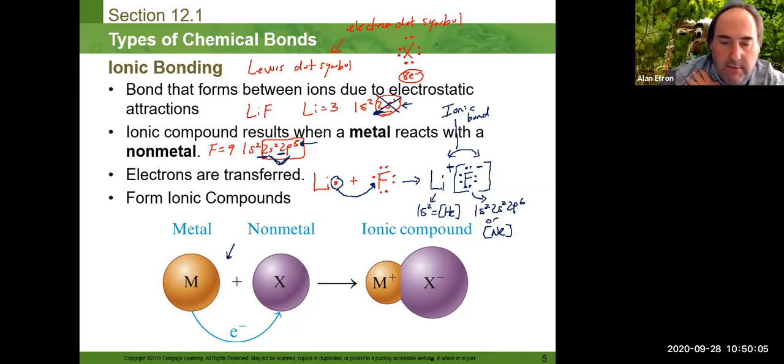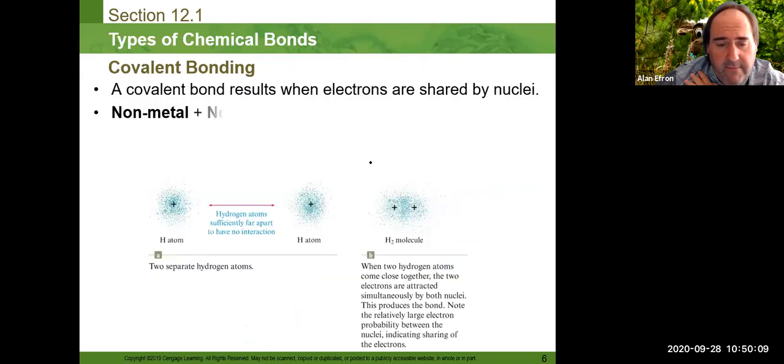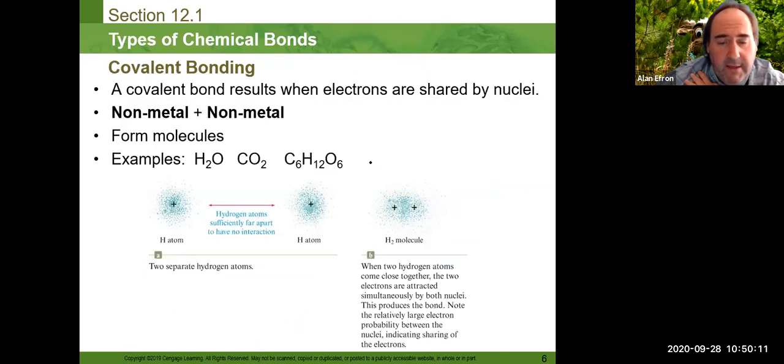So let's then talk a little bit about covalent bonding. We're going to bounce back and forth there, but a covalent bond, as I mentioned before, is really between 2 nonmetals. Because we have 2 nonmetals, they're going to want to share those electrons, because neither one of them, because of their periodic trends, is going to want to give up their electrons.